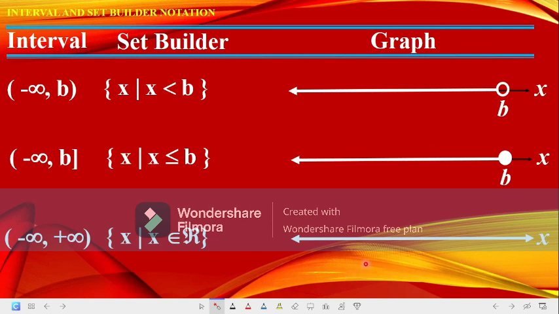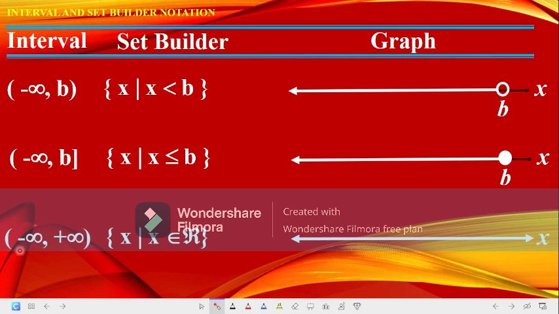Next, how about this one? You cannot see the integers a and b, but again, we're talking about the x values. So this graph can be presented as the open and close parentheses.